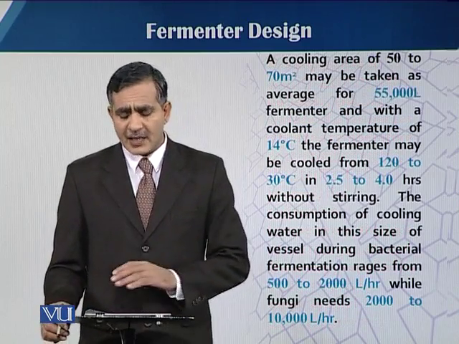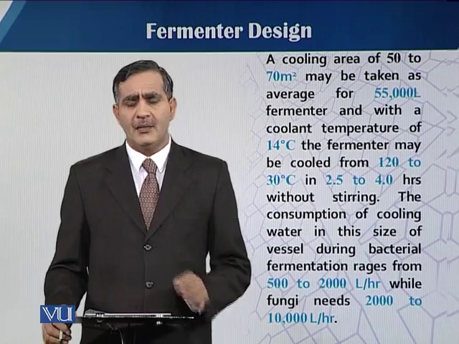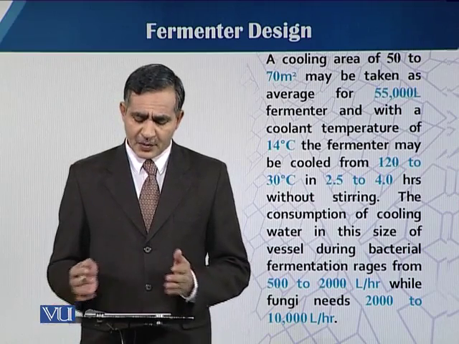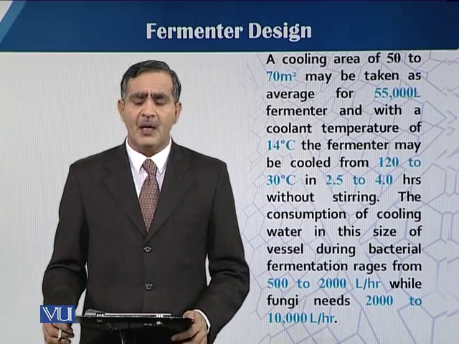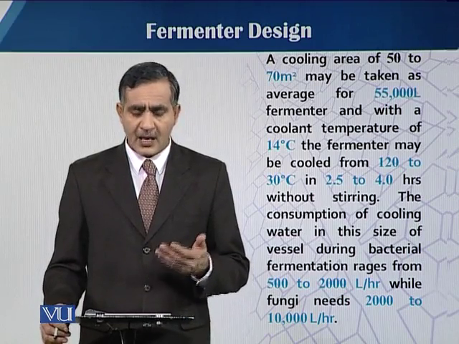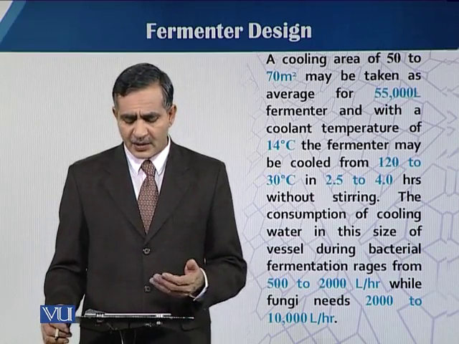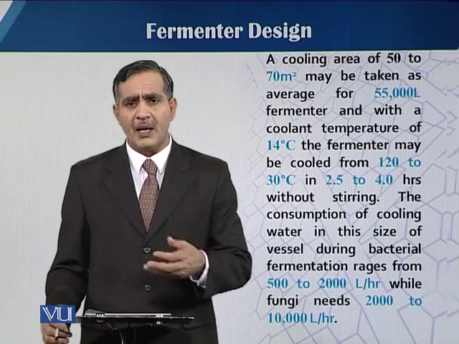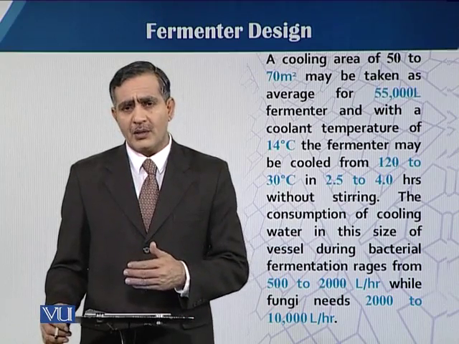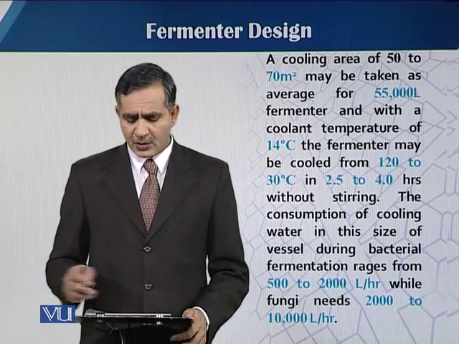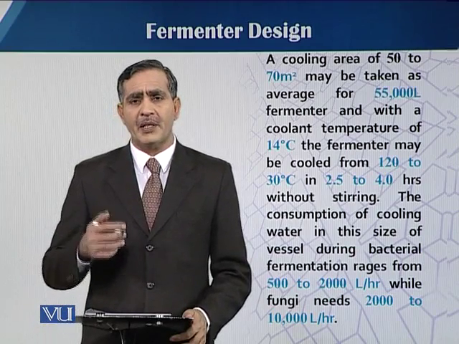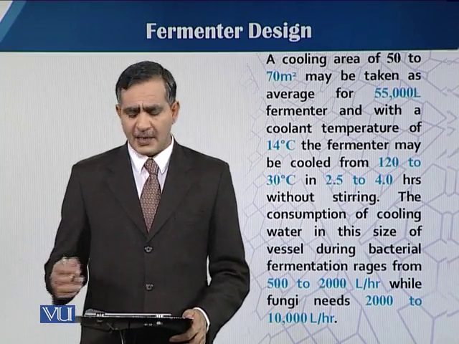As an example, suppose there is a cooling area of 50 to 70 meters square with a fermenter of 55,000 liters. If we want to supply cooling water at 40 degrees C, we have to reduce the temperature from 120 to 30 degrees Celsius.